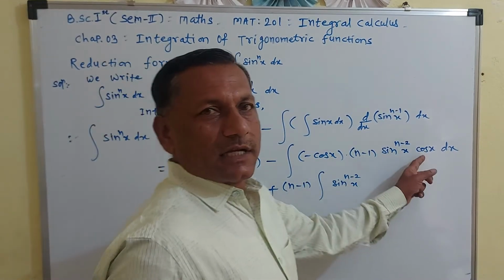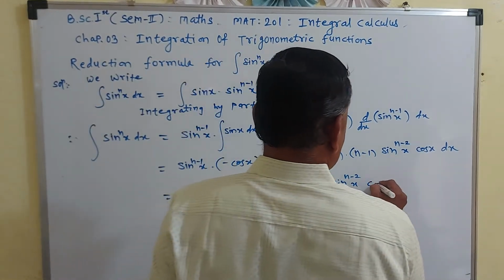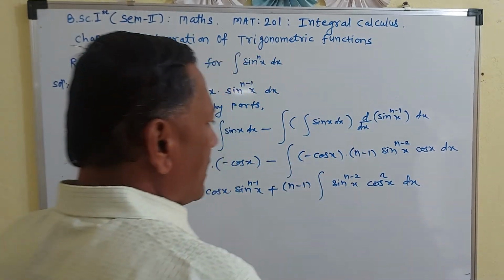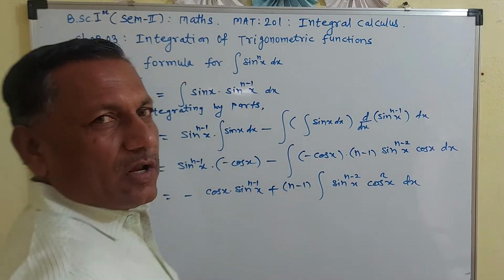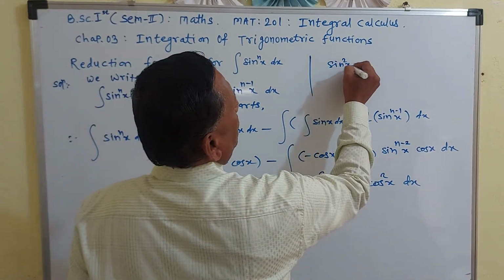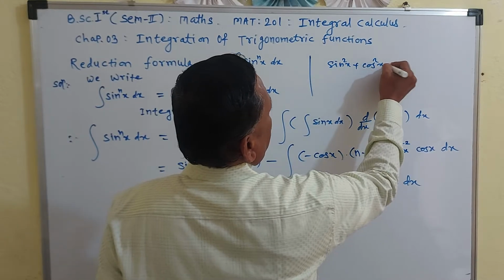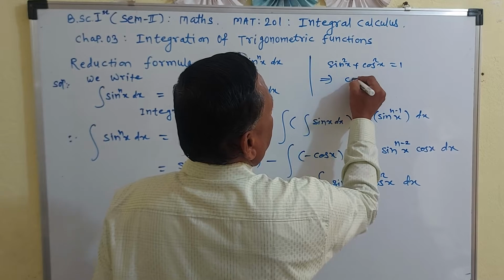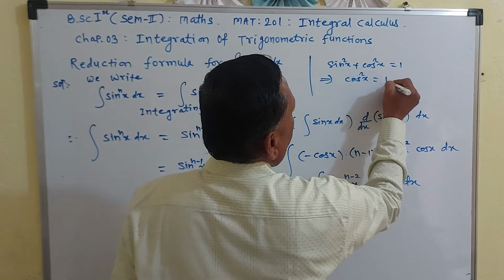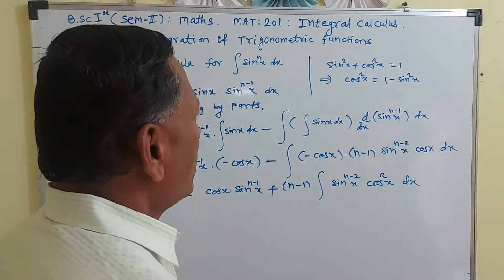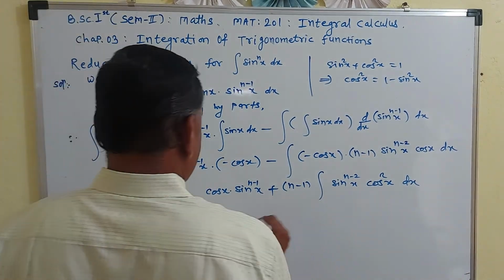This cos x and cos x is cos square x and dx. So you know the formula sin square x plus cos square x is equal to 1. You need cos square x. So from this you obtain cos square x is equal to 1 minus sin square x. So you substitute here cos square x is equal to 1 minus sin square x.